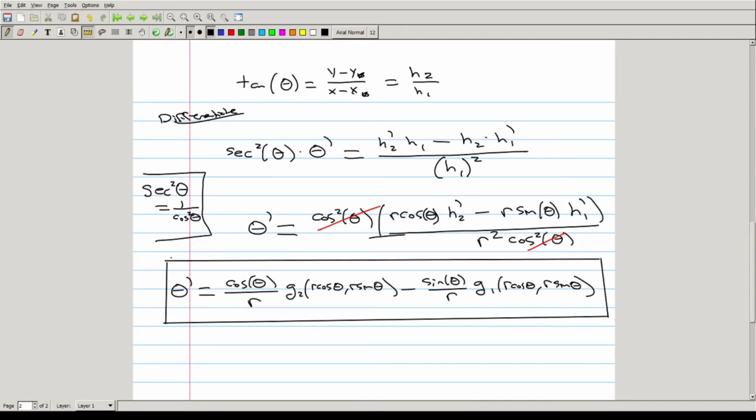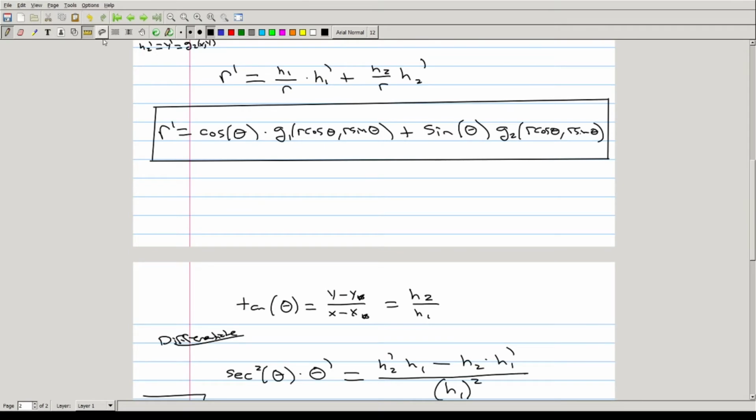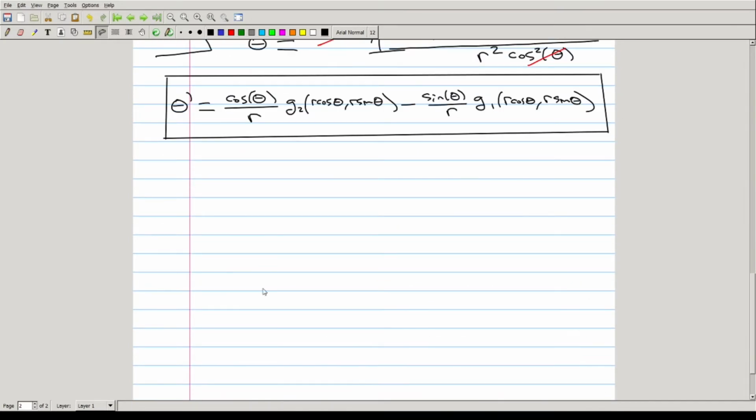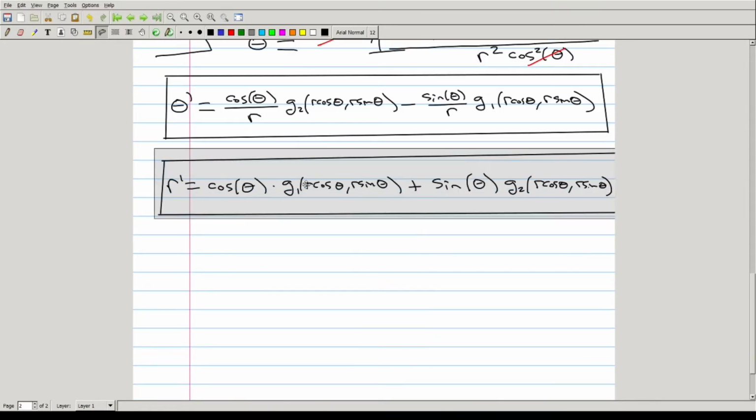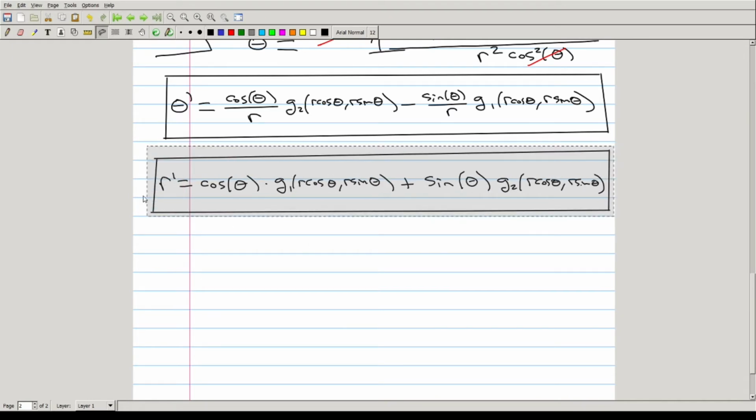And there you have it. In general, this new system of differential equations is a system of differential equations that describes trajectories of our differential equation relative to some fixed point.